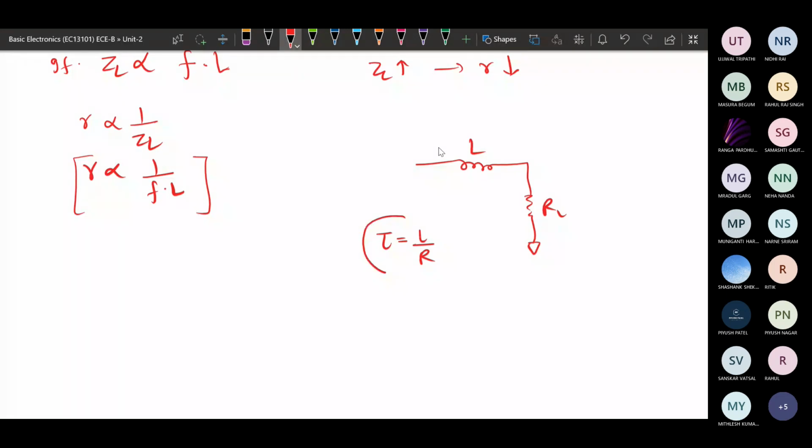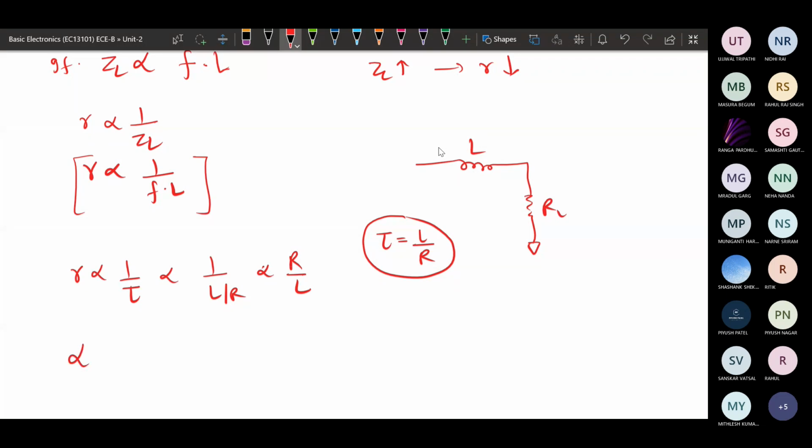So the ripple factor is inversely proportional to the time constant, which is L by R, or we can call it R by L. So the ripple factor is directly proportional to resistance and inversely proportional to the inductor.